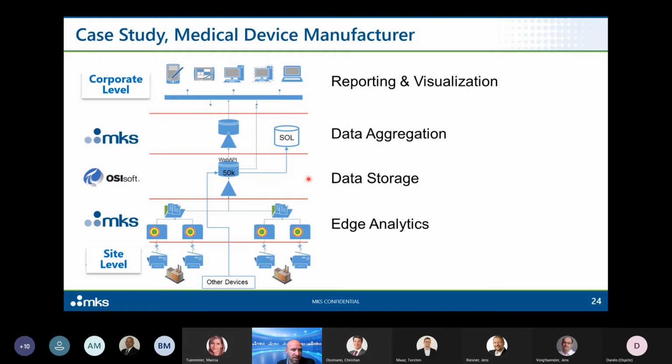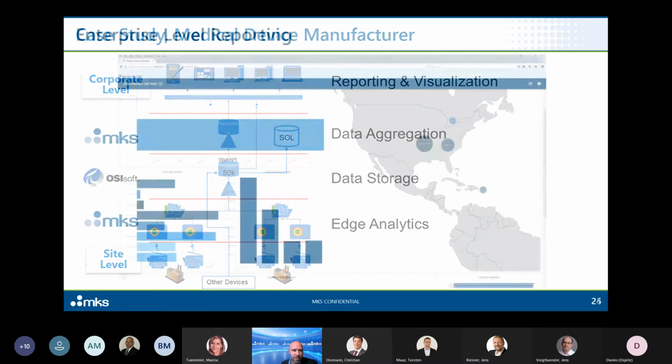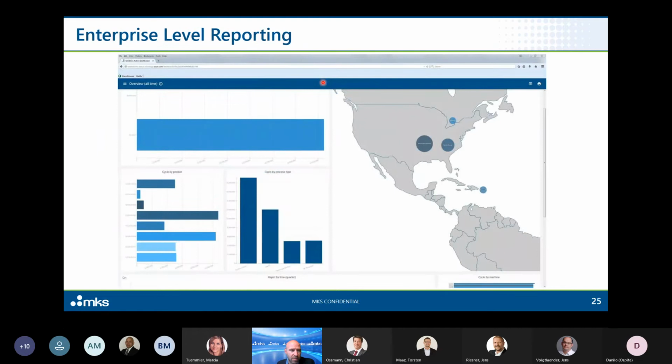And so this is a consolidation. In these two steps here, we've been able to store the data and aggregate it. And additionally, our partner was able to build a reporting and visualization structure. So this is what our partner has provided.